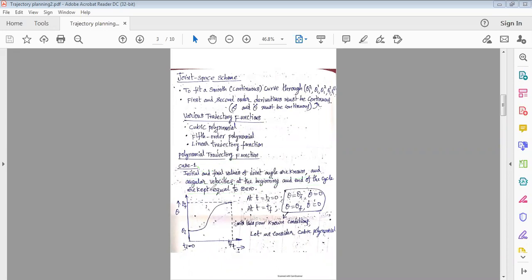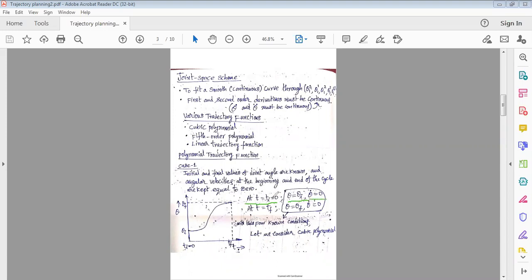Initial and final destination. At time t equal to 0, theta is equal to theta I and theta dot is equal to 0.